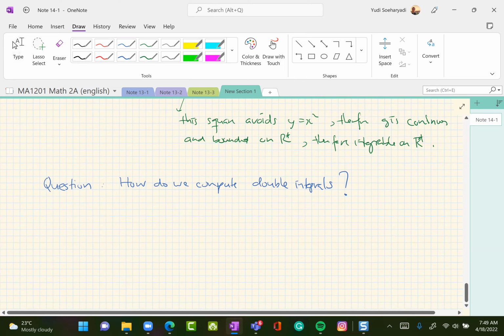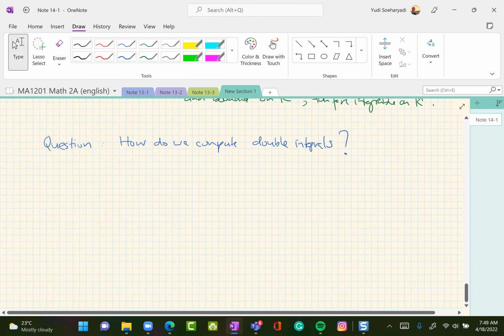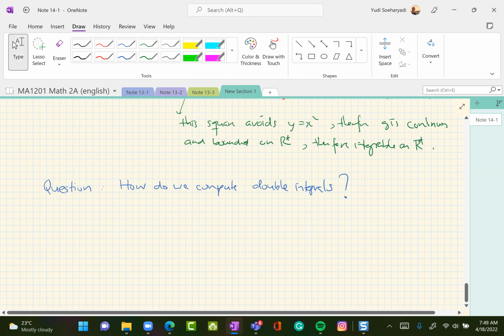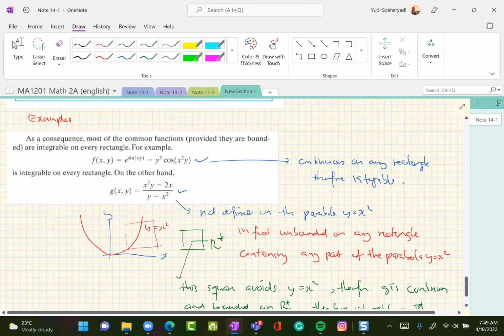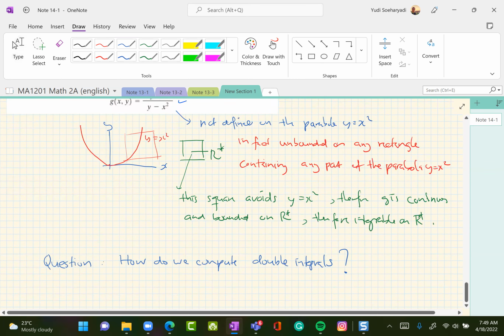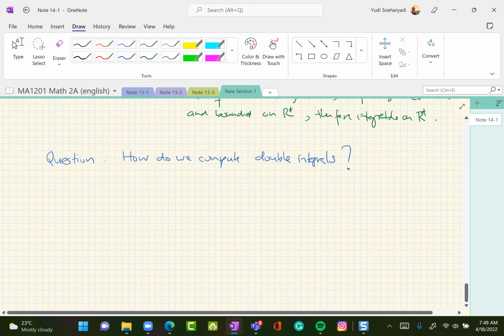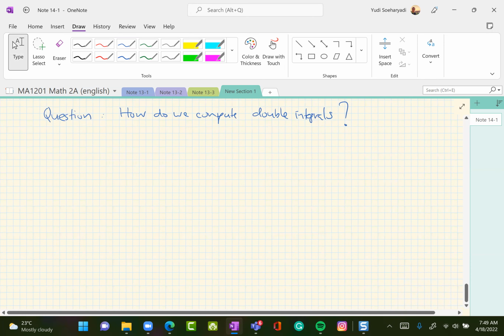This is the method, the technique. This is the concept of the double integral, and how we see this one. So let's see here.